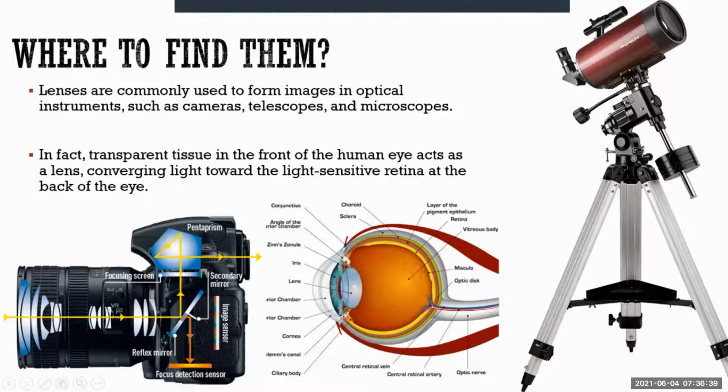We have the anatomy of the eye, okay? We have the one part of the eye that is called the lens. What's the purpose of the lens? The same purpose that we know that lenses have, okay? Allow us to see.